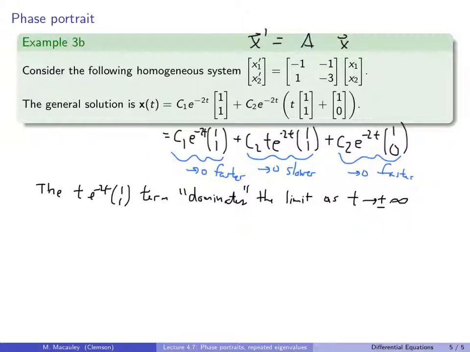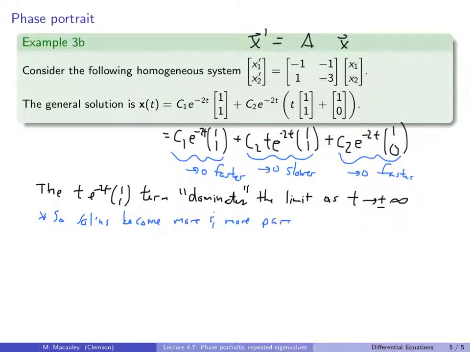So what this means is that forwards in time and backwards in time, solutions become more and more parallel to this vector. So solutions become more and more parallel.